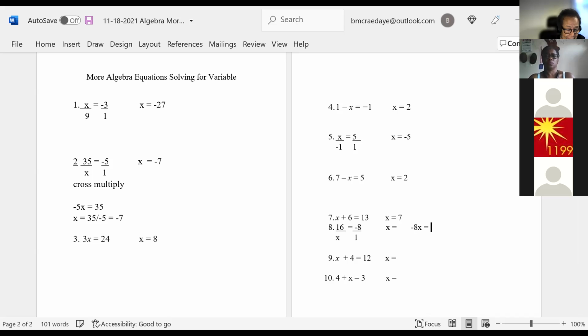So what is x equal to, Maureen? What number times minus 8 gives 16? A negative 2. Plus or minus? What would it be, Maureen? Plus or minus?